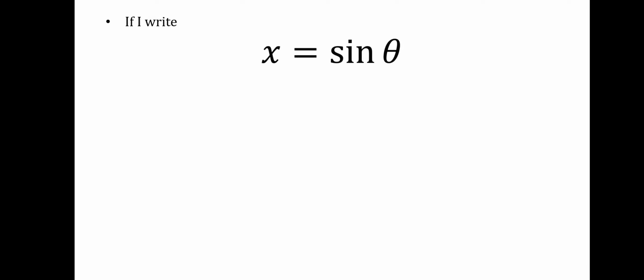So now if I do something reverse, let me define a function which will take a numeric value, and it will return me the angle for which the sine of that angle gives me that value. So let me write it something like this.